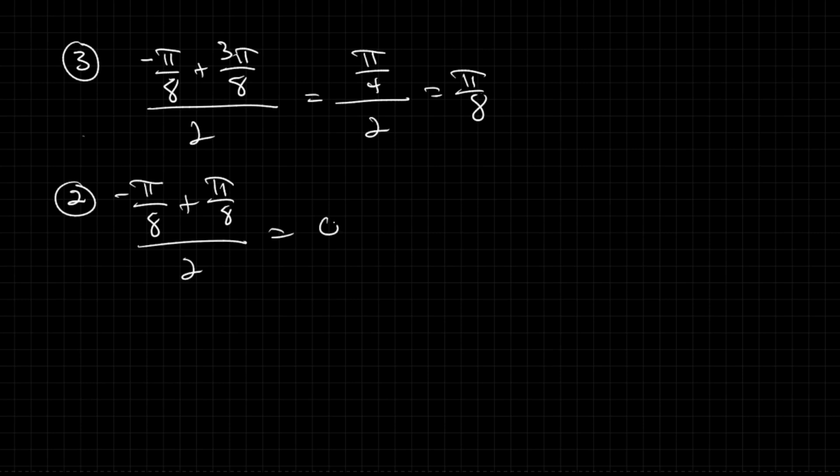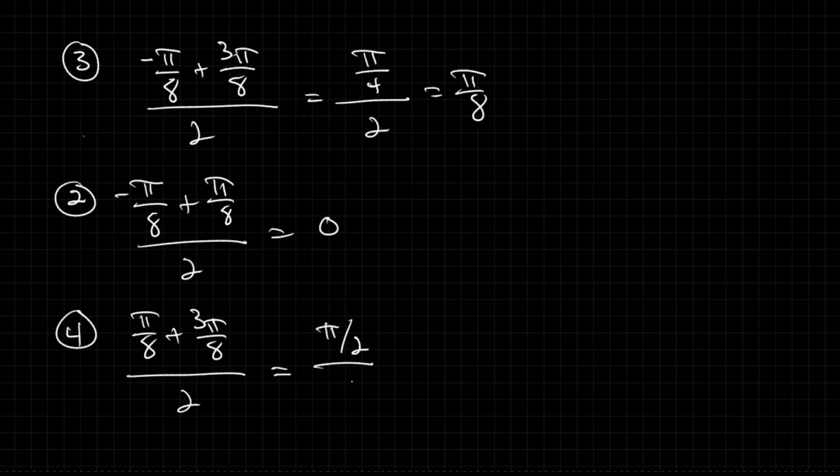That's 0 over 2, which is just 0. And the fourth coordinate is halfway between the third and fifth. So pi over 8 plus 3 pi over 8, all divided by 2. Pi over 8 plus 3 pi over 8, that's 4 pi over 8. And 4 pi over 8 is pi over 2. So this is pi over 2 divided by 2, or in other words, pi over 4.